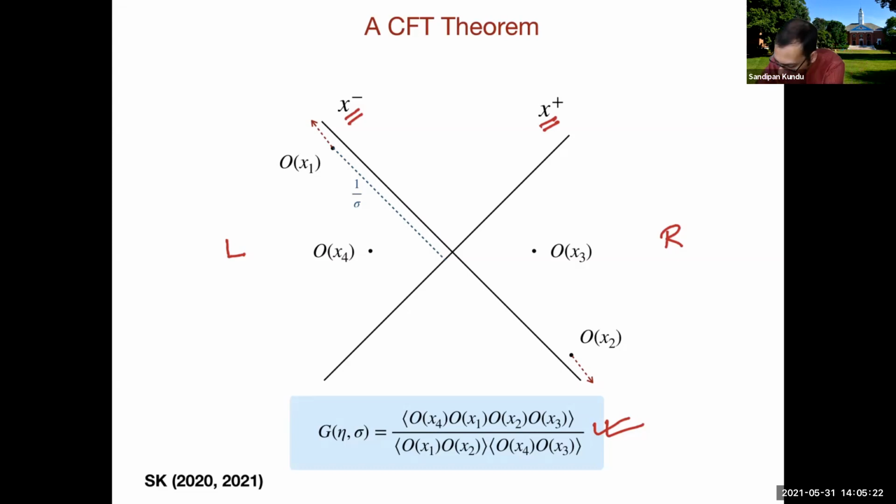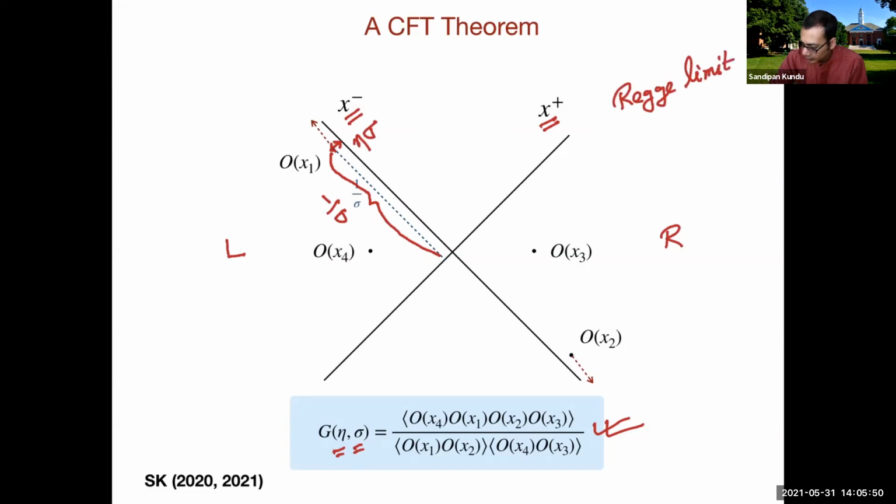As you can see, the distance of this operator from the x plus axis I write as 1 over sigma, and the distance between the operator and the x minus axis I write as eta times sigma. So the correlator is a function of both eta and sigma. The Regge limit is taken as sigma goes to 0.